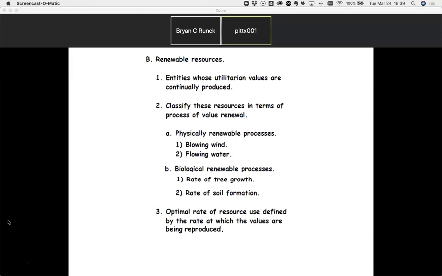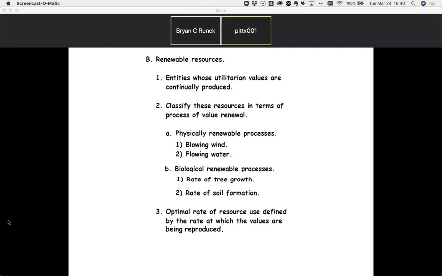Renewable resources are those environmental entities whose utilitarian values are continually produced. We can classify renewable resources in terms of the process of value renewal, talking about physically renewable processes such as blowing wind and flowing water, to processes of wind and water that allow us to generate energy.